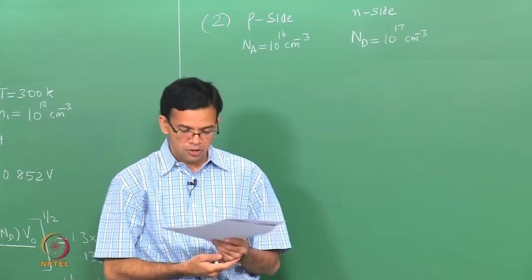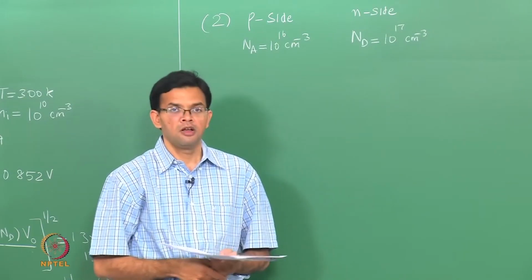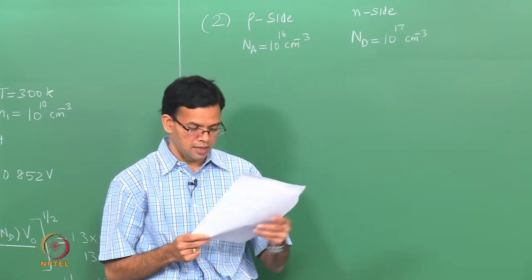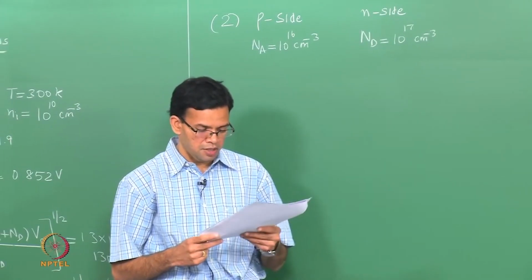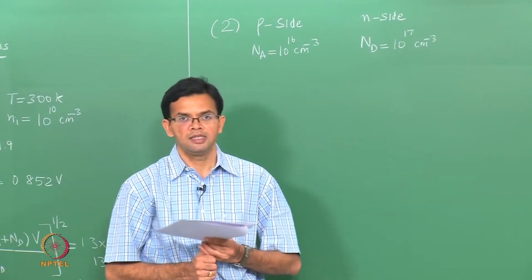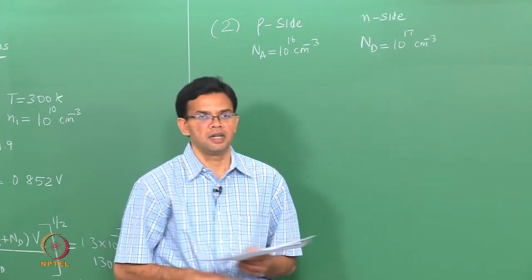So, we need to know the built in potential if the material of the semiconductor is different. In this particular case we want the built in potential for the semiconductor materials germanium, silicon and gallium arsenide.